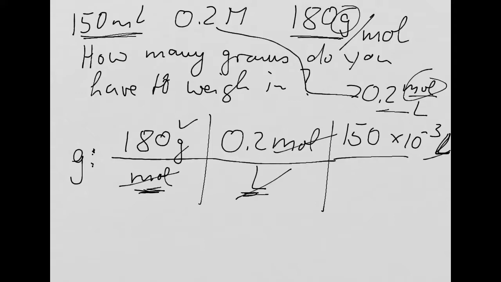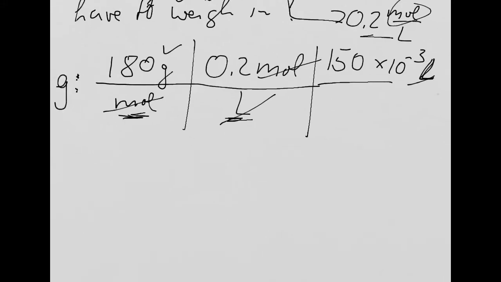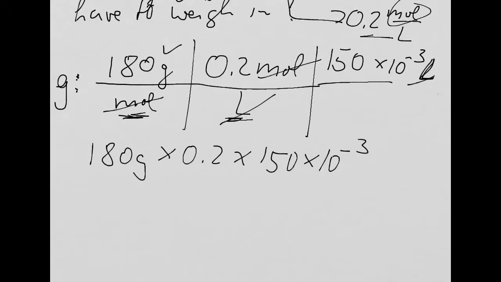Grams. We're done. All we need to do now is put that together and say, okay, we have 180 grams times 0.2 times 150 times 10 to the minus 3, and that gives us the grams. End of chat.